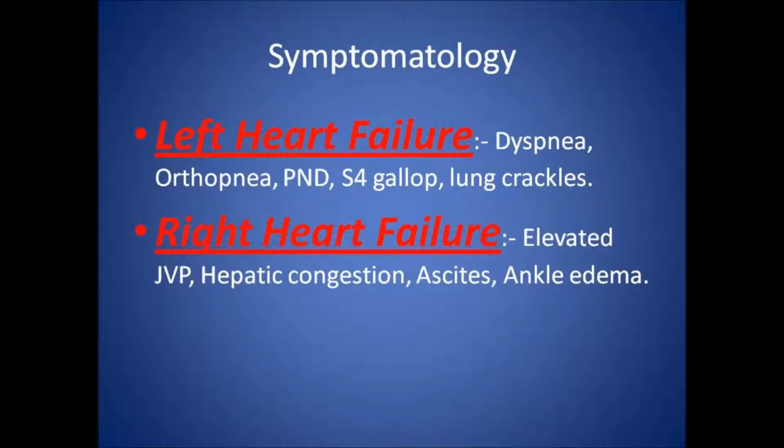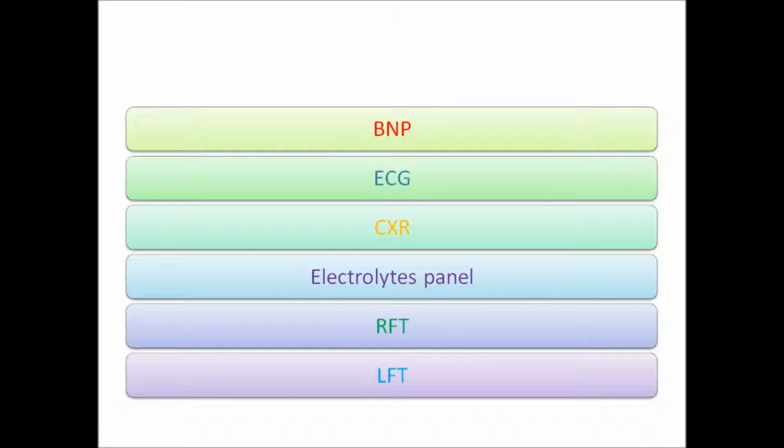Okay, now if a patient presented to you with one or a collection of these symptoms, we said that you should put heart failure at the top of your differential diagnosis list because it is a clinical diagnosis. So now you start your workup, you order your tests. The first test to order in such a patient is BNP. BNP is a peptide hormone.